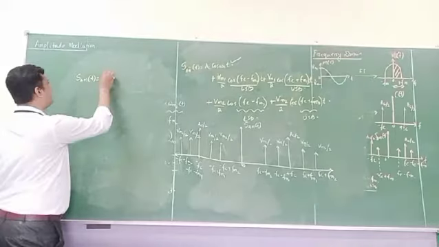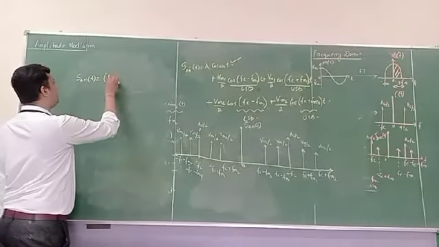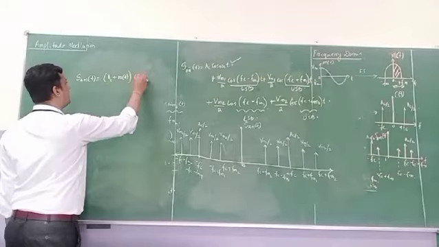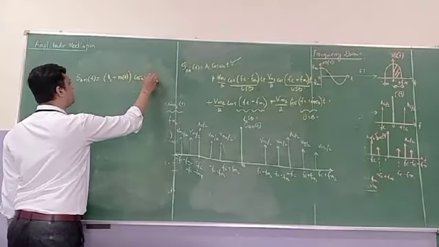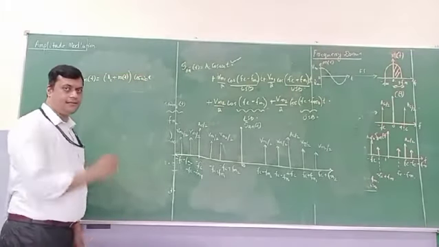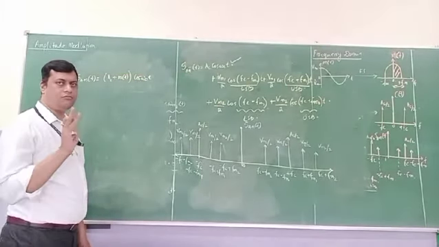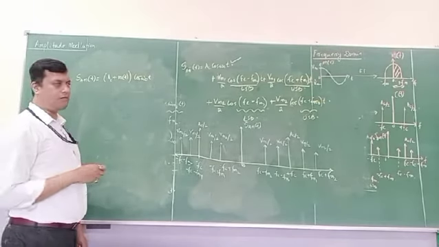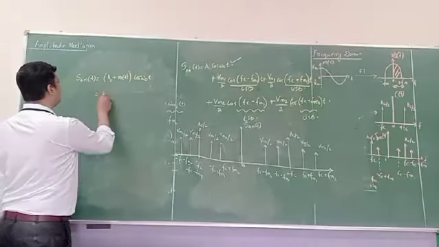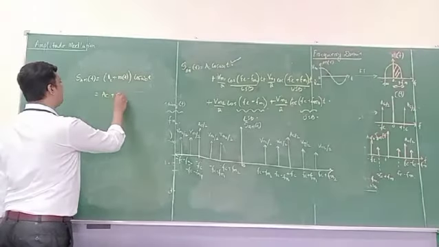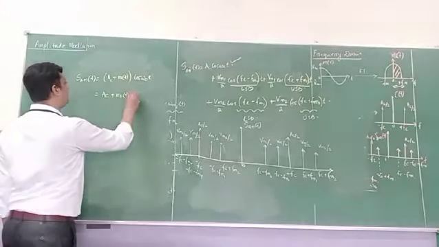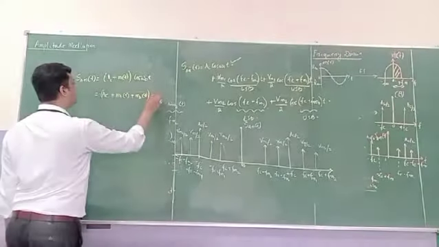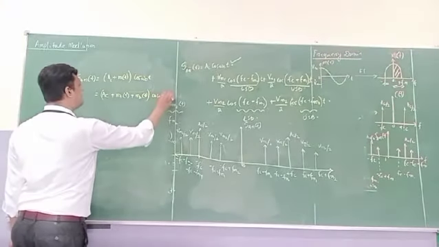So here I am going to write the same representation for the AM signal. Now let us consider that m of t consists of two modulating signals, two different low frequency signals combined. So it is AC plus m1 of t plus m2 of t, whole into cos omega ct.